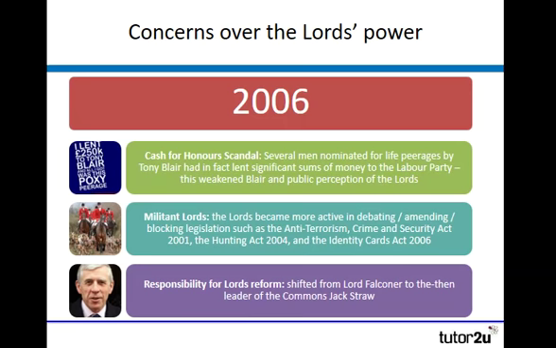The Lords also became much more militant. They became more active in debate, amending and blocking legislation. Arguably, this is perhaps due to the significant reduction in the number of hereditary peers in favour of life peers. Much greater significance of minor parties, third parties, crossbenchers, and also combine that with the Parliament Act 1949.